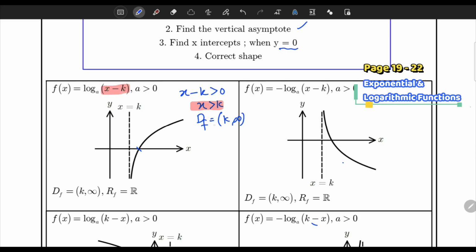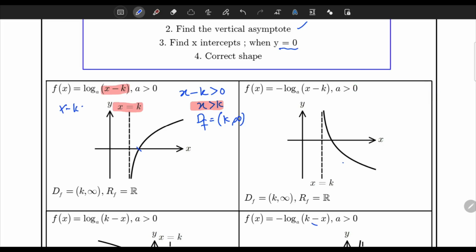Knowing that your domain is k to infinity, x equals k is your vertical asymptote. You can state that x minus k equals 0, so x equals k will be your vertical asymptote. To get the x-intercept, that is when f(x) is 0, you will get your x value.